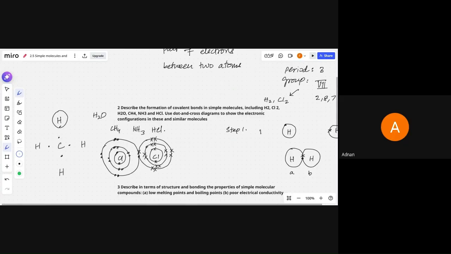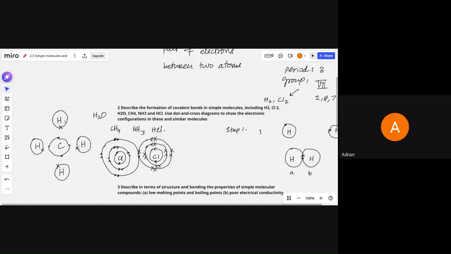So this hydrogen atom, let me just draw this shell. And so each hydrogen atom will donate or share its electron with the carbon atom, and carbon in turn is also sharing these four electrons, one each with the hydrogen atoms.